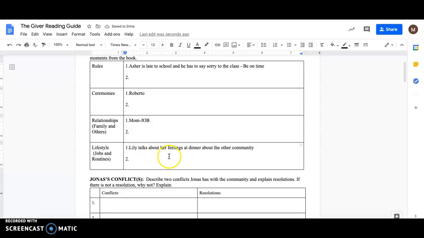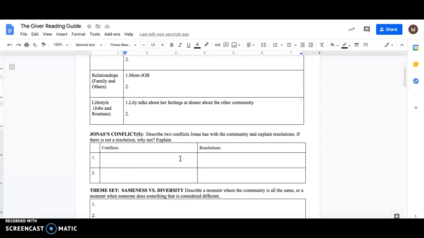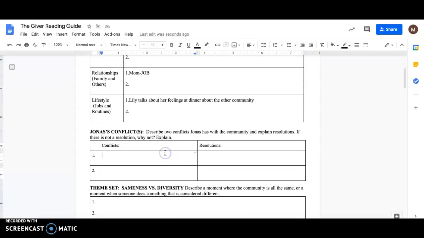So if you remember in this section, every night at dinner they have to share their feelings, right? So Lily specifically talks about how this other community came to visit her and she was kind of upset with the kids and what they were doing. So notice I did not just write something like at dinner they have to share feelings. I talked about a specific example of a character who engages with that rule or with that lifestyle choice and so forth.